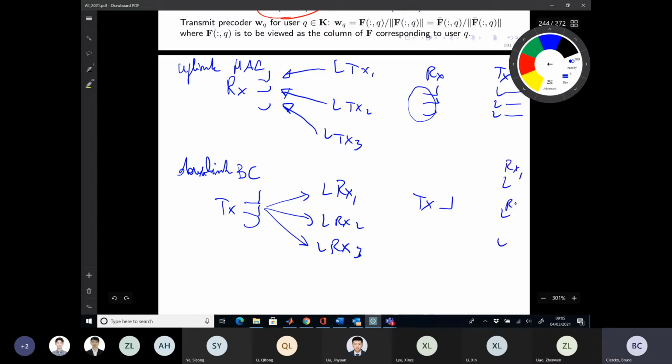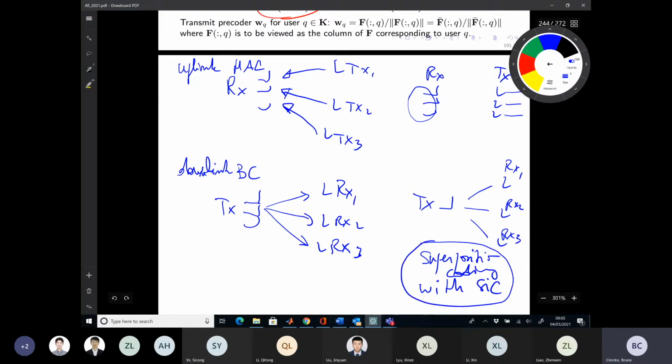receiver 1, receiver 2, receiver 3, right? And to solve this, we saw that what we were doing was superposition coding with SIC, right? You remember that. In the multi-antenna setup, doing superposition coding with SIC is clearly suboptimal. What the optimal strategy here is called dirty paper coding, DPC.